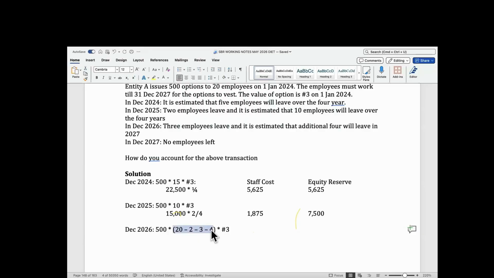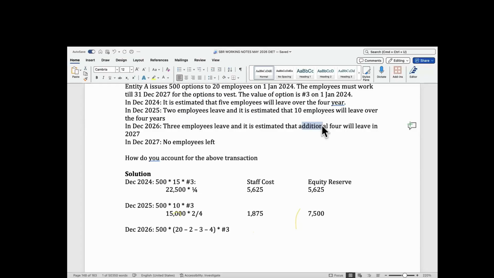But they said additional 4 will leave in 2027, next year alone. So they're estimating for next year alone, and I need to know the estimate of total departure. My concern is how many people would be there in 2027.